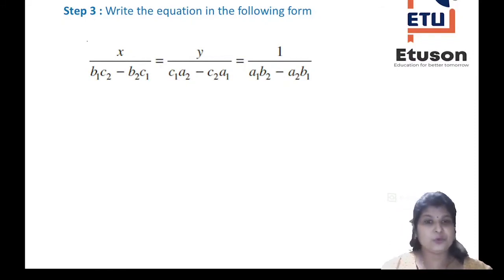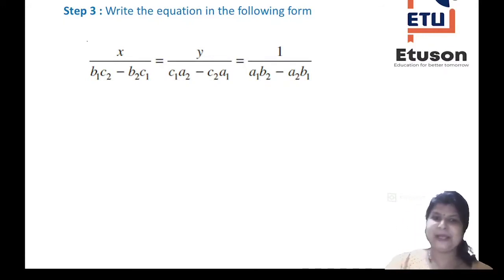If you remember, in the previous slide I derived this: x is equal to (b1 c2 minus b2 c1) divided by (a1 b2 minus a2 b1), and y is equal to (c1 a2 minus c2 a1) divided by (a1 b2 minus a2 b1).